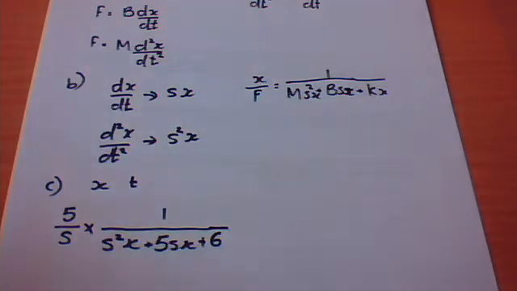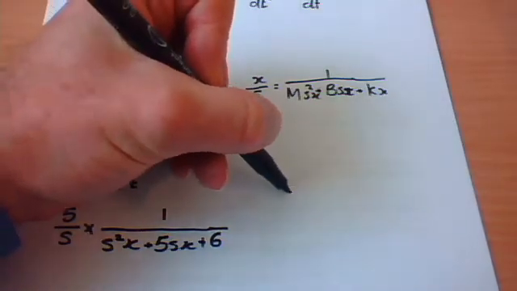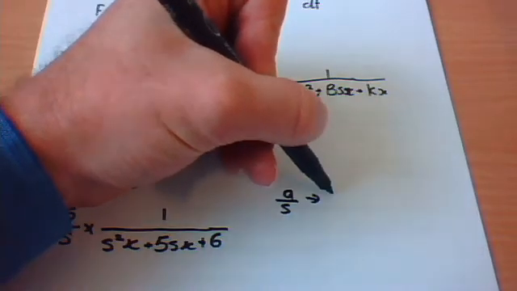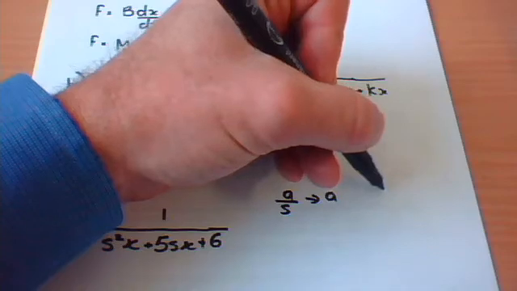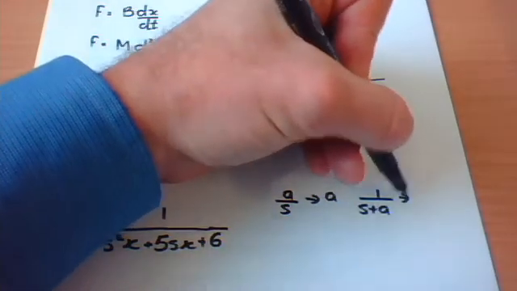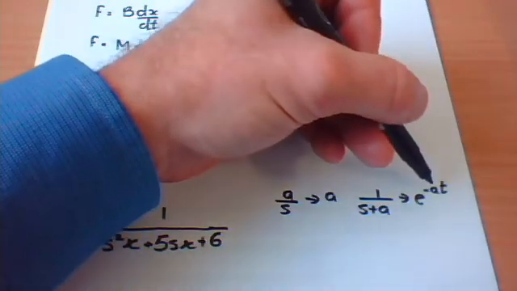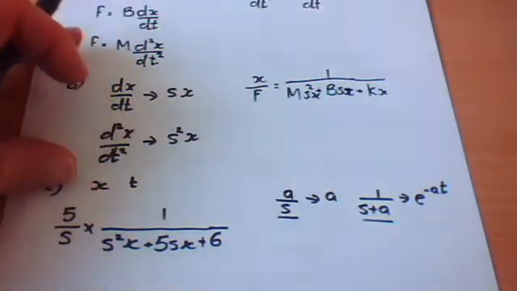Now the Laplace transforms state that a value a over s transforms to a, and also a value of 1 over s plus a transforms to e to the minus at, and that's our time element. So those are the two inverse Laplace transforms that we need to work with.